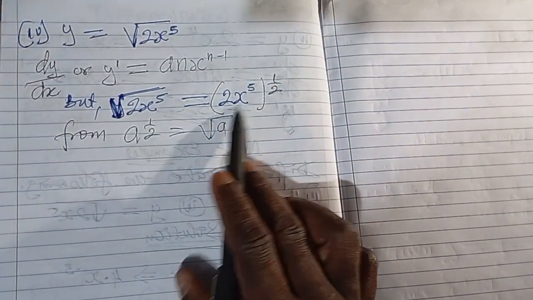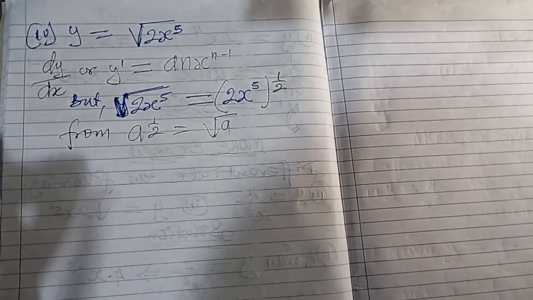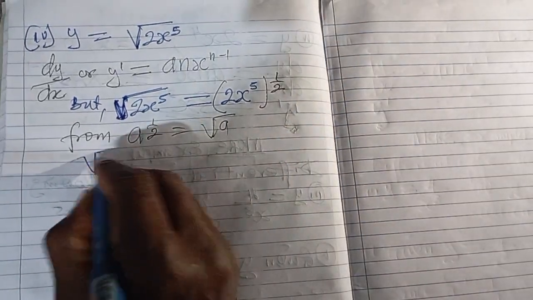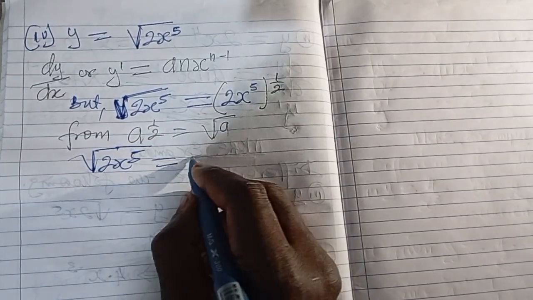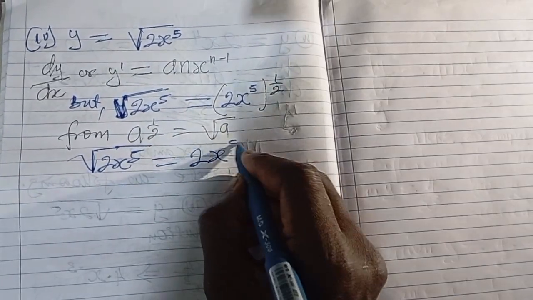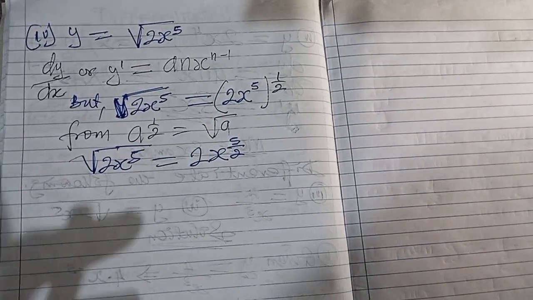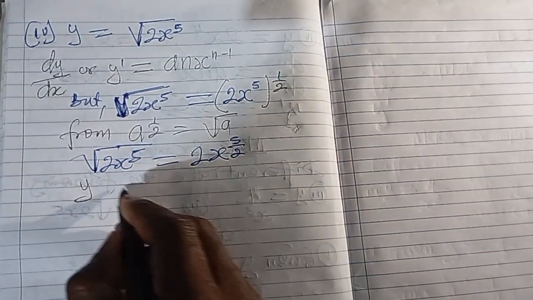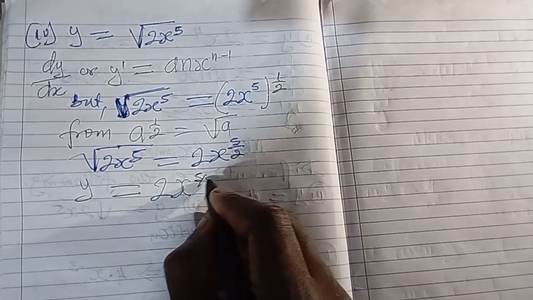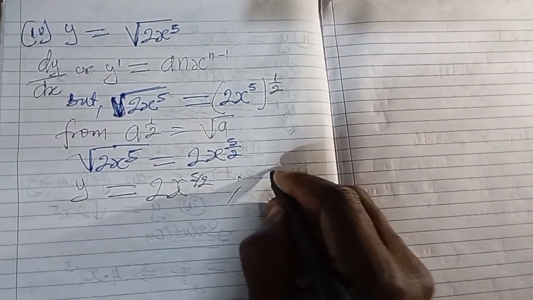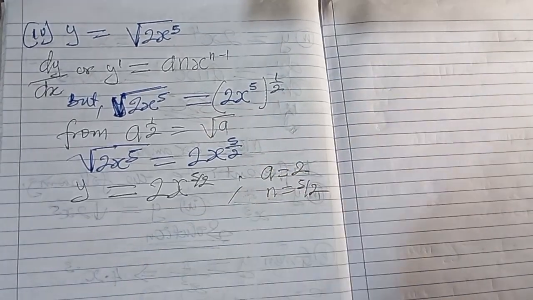So when you apply the power rule here, you notice that root 2x raised to power 5 is the same as 2x raised to power 5 over 2. This 5 will multiply 1 over 2, okay? You can now have y equal to 2x raised to power 5 over 2, so that our a is 2 and n is 5 over 2. Good.